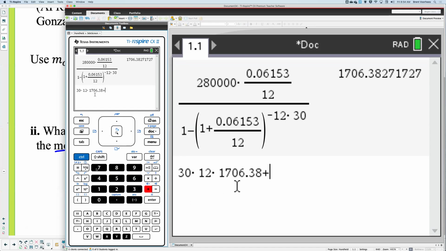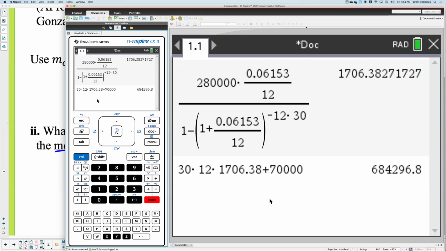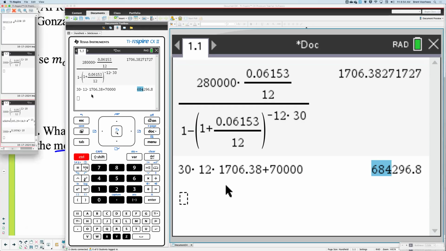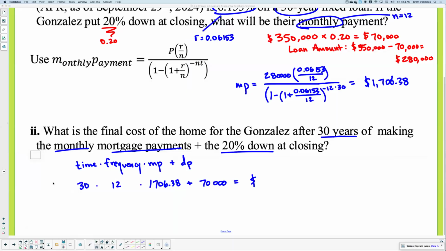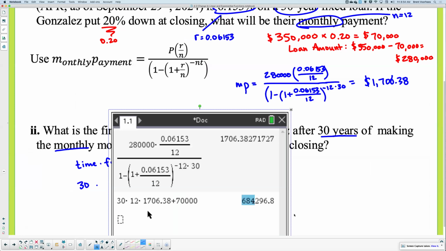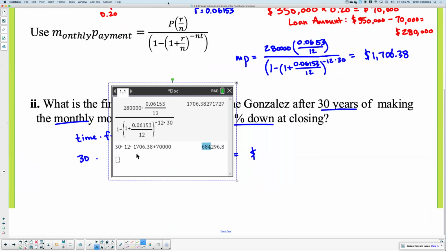Plus, we put down $70,000 up front when we went to purchase the home, and that brings us to a total price of $684,296.80, which means our home has just about doubled in price from what we thought.